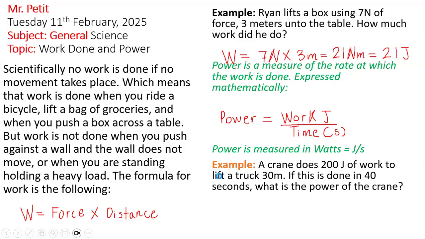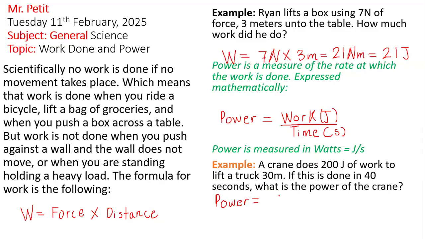So what is power? By formula, power is equal to work, which is measured in joules, divided by time in seconds.